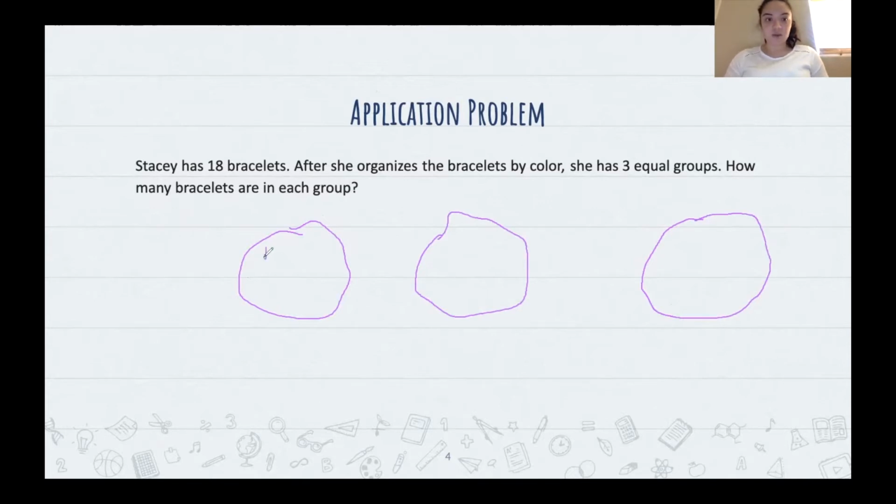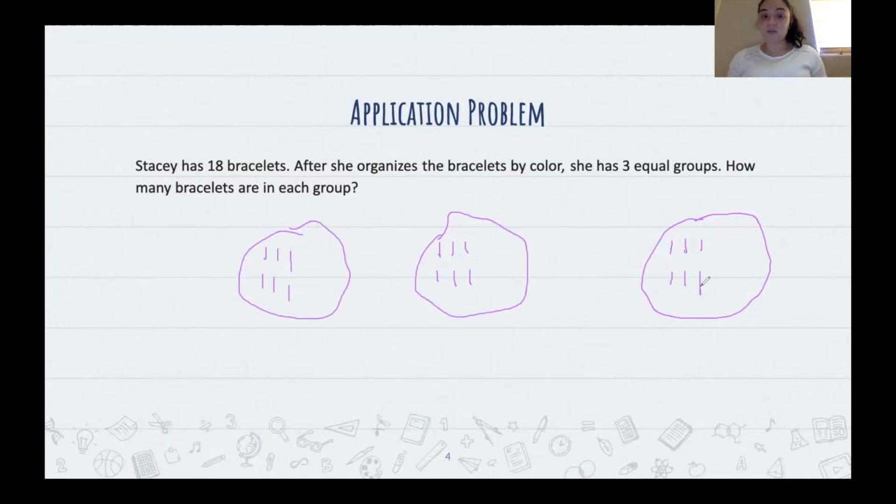So I have 1, 2, 3, 4, 5, 6, 7, 8, 9, 10, 11, 12, 13, 14, 15, 16, 17, and 18. So I divided them into 3 groups.